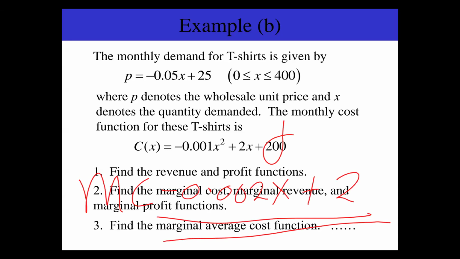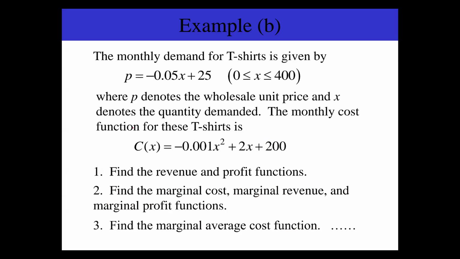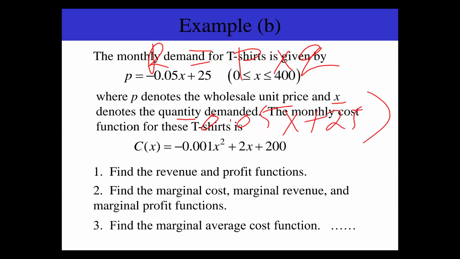Right? Yes, sir. Marginal revenue. We need to find the revenue function again. We already have, revenue is equal to price times the output. Output is given by x. So the price function is negative 0.05x plus 25, and all that is to be multiplied by x. When you multiply all this, you have negative 0.05x squared plus 25x.